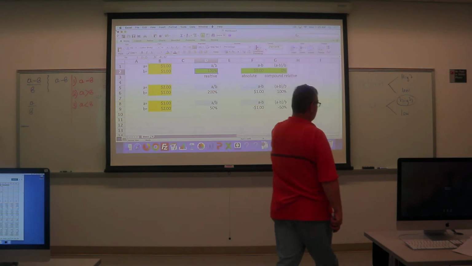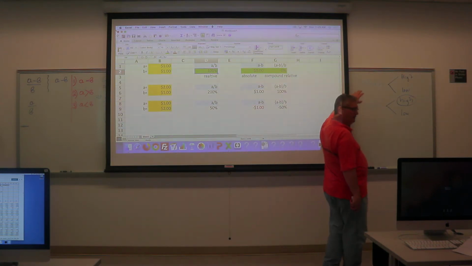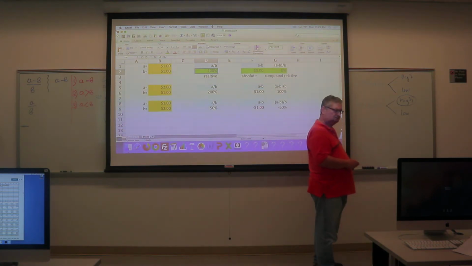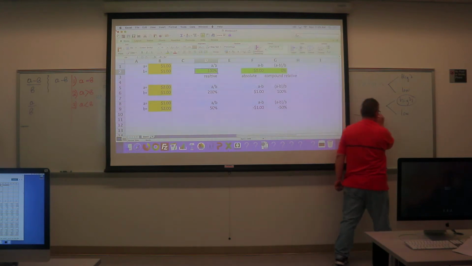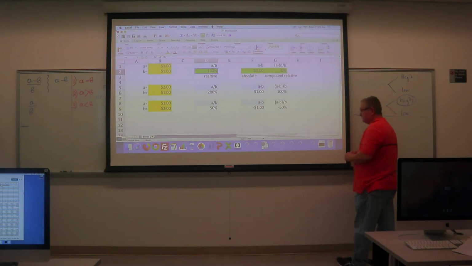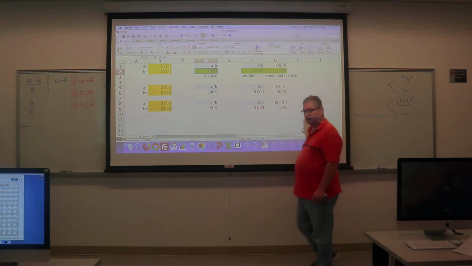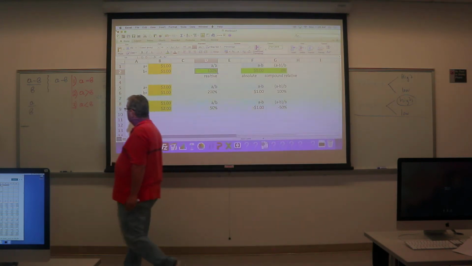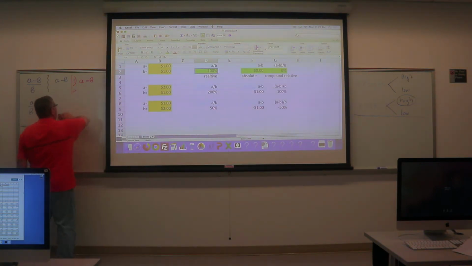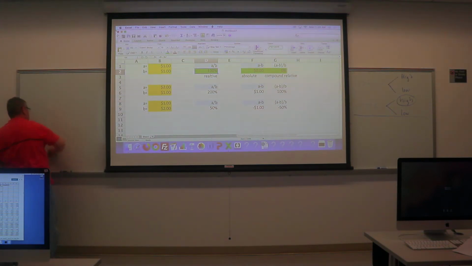Therefore, risk and return are related concepts. How are they related? I want to see how risk and return are related.